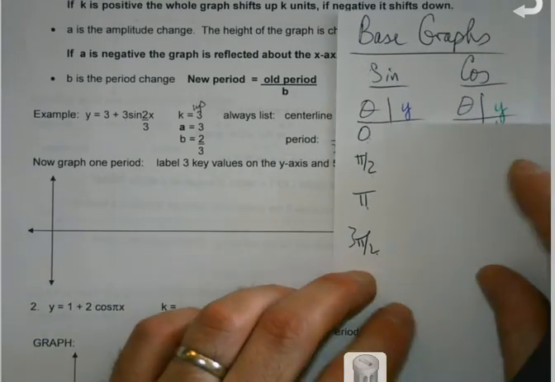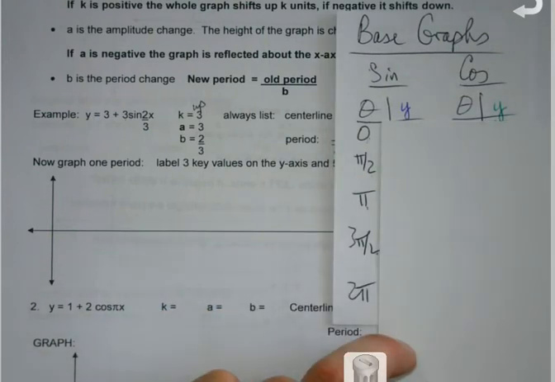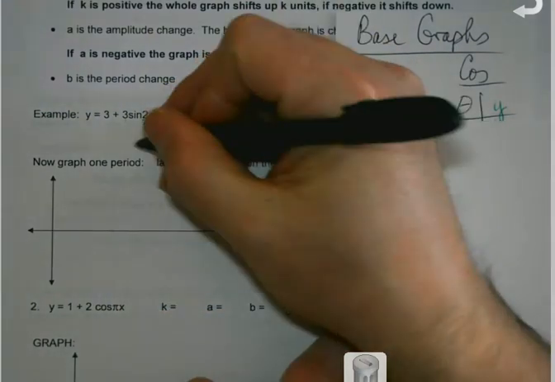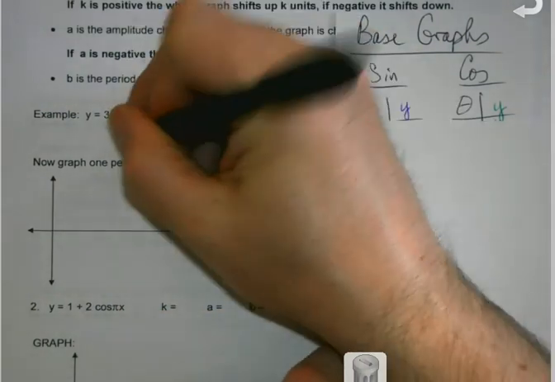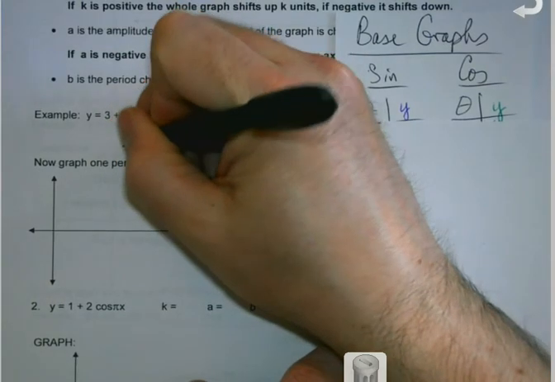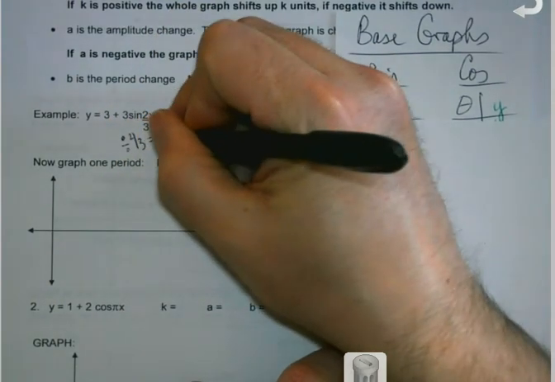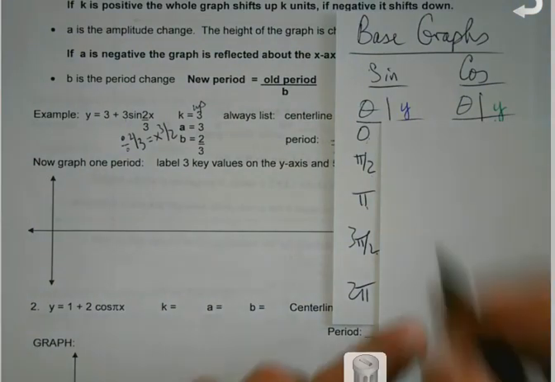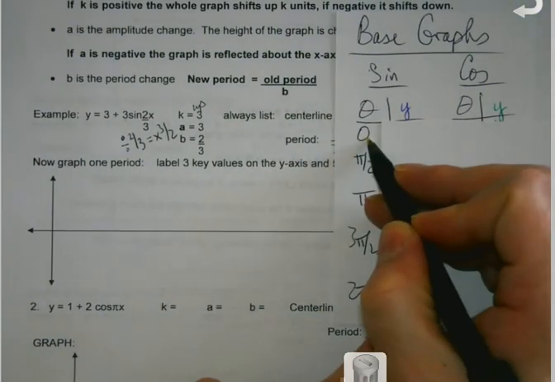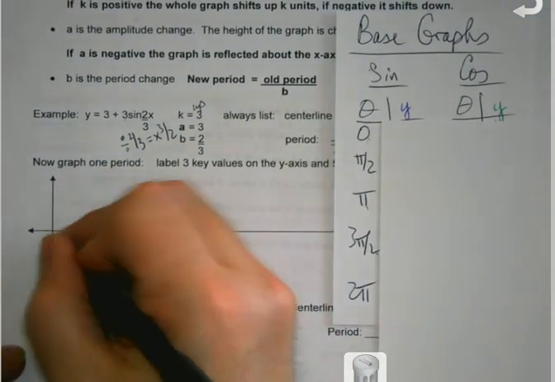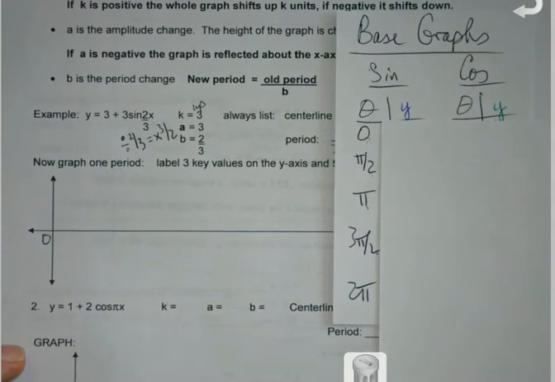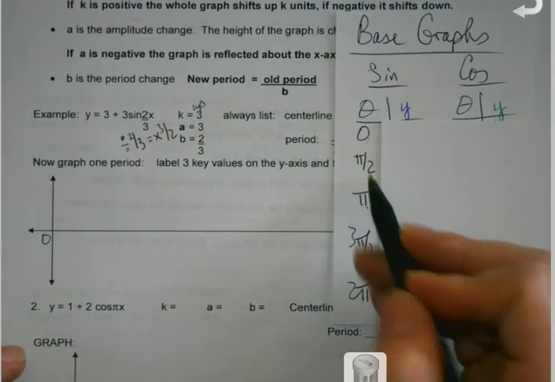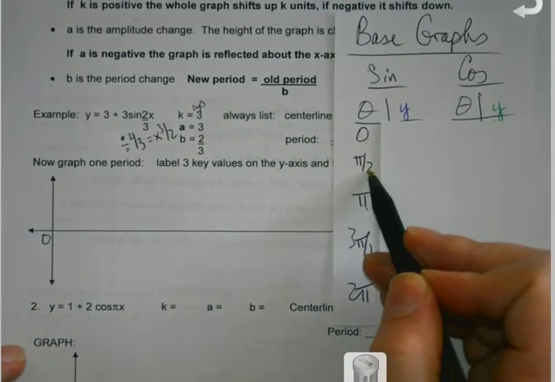So remember, when I'm looking at these values, division by 2/3 is equal to multiplying by 3 halves. And here's why I want you to think about that. As you're coming up with your new values, you're going to be multiplying all of my base theta values by 3 halves.